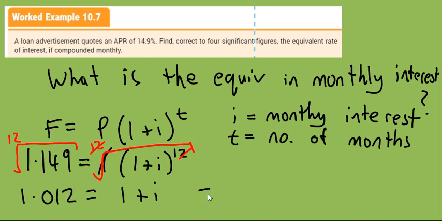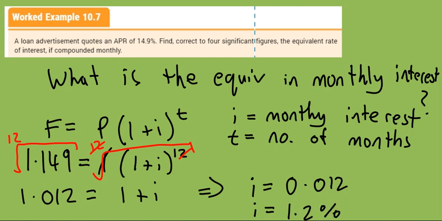So this will mean that our interest rate, or I, will be 0.012, which is 1.2%. So that's my equivalent monthly interest rate. If I borrowed this for 12 months at this interest rate, over the whole year I would have to pay 14.9% interest.